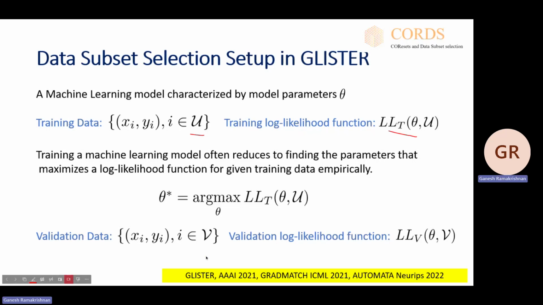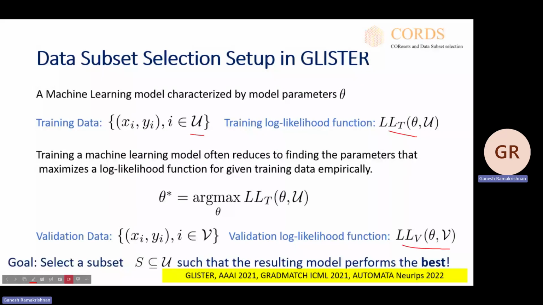Will this help? What I want is the performance on the validation to be maximized. Remember that. So I want to search my entire space of training data, the entire power set. My search space on the training data is the power set, all possible subsets of the training data, such that it maximizes the validation data performance.